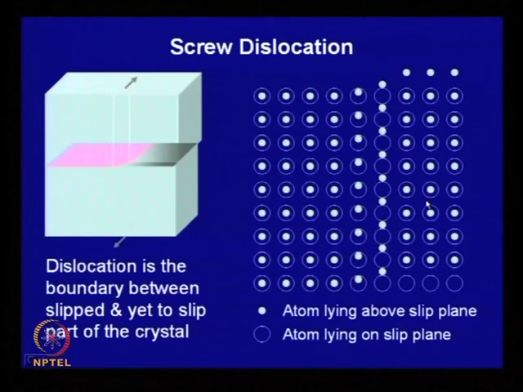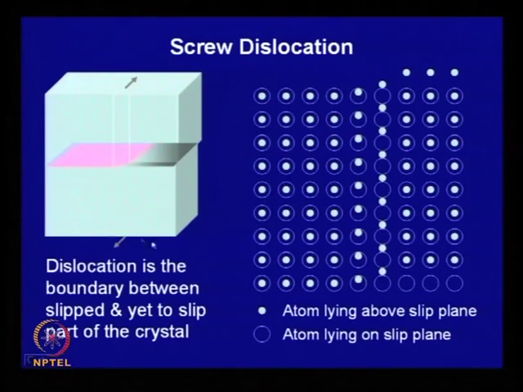Now, there is another way you can create a dislocation, which is called a screw dislocation, shown in this diagram, and you should spend a little time to visualize what this diagram shows.